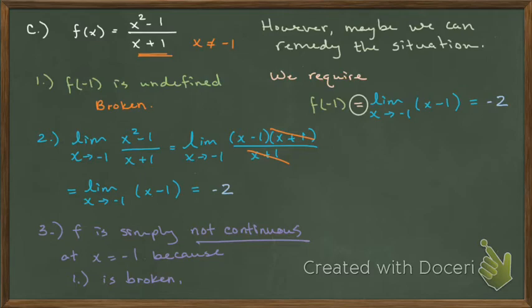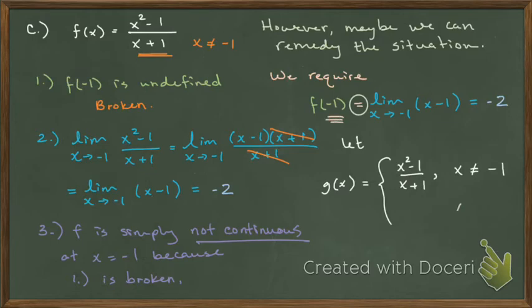I need the function to exist at -1, and it should have the same value as the limit. So what we do is we redefine the function as something else, call it g of x, and when x is not -1, we know that we just have the original function, right? That's the situation we're already in. But when x is -1, I want the function to have a value of -2.